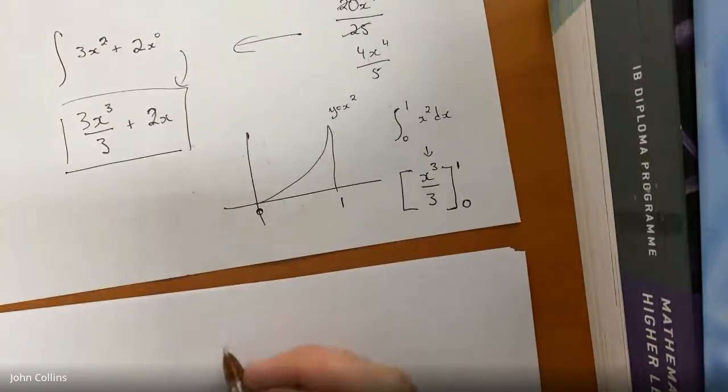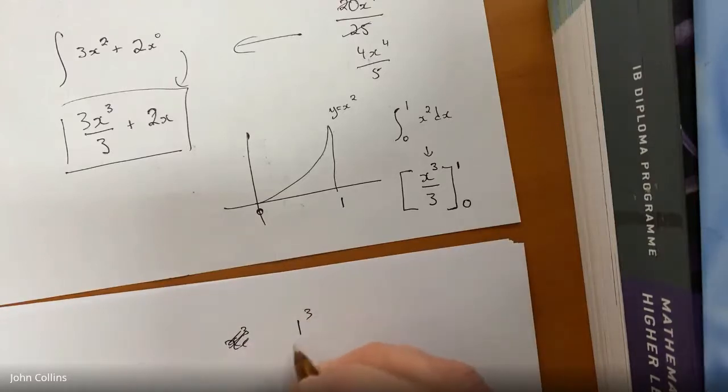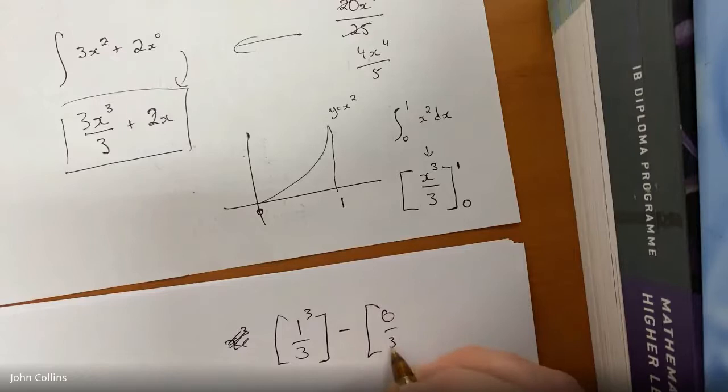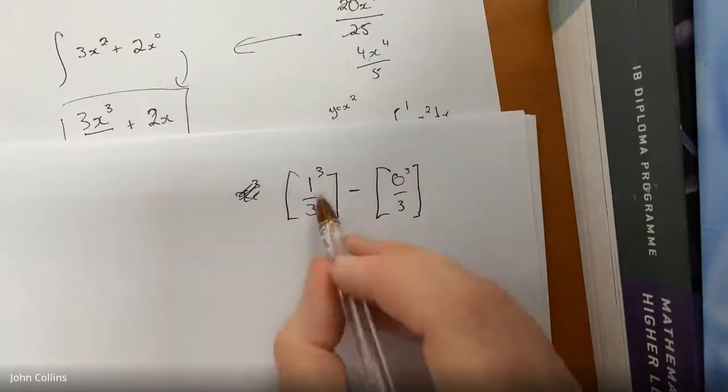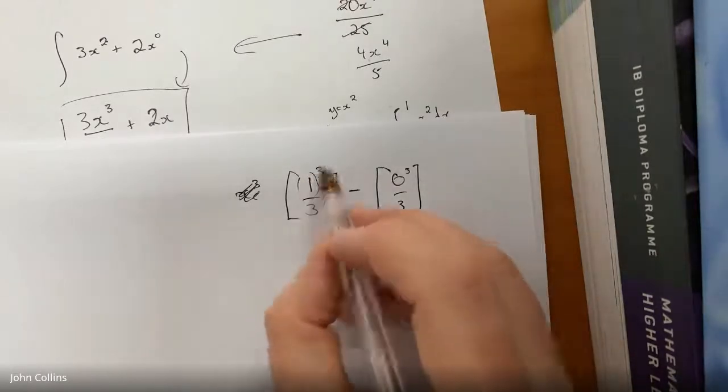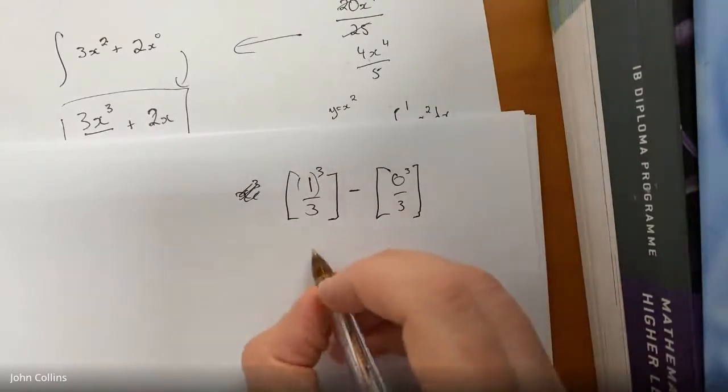So I'm going to do x cubed with 1 in. So I'm going to remove the x cubed. I'm going to do 1 cubed over 3, take away 0 cubed over 3. 1 cubed is 1, isn't it? So this is not 1/3 cubed, it's just the 1 cubed. 1 cubed is 1, so that's 1/3.